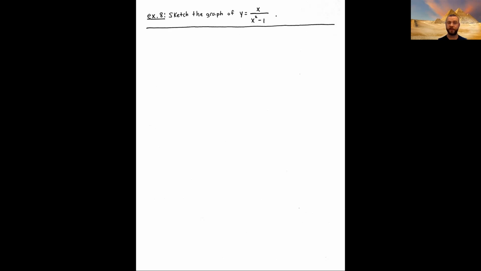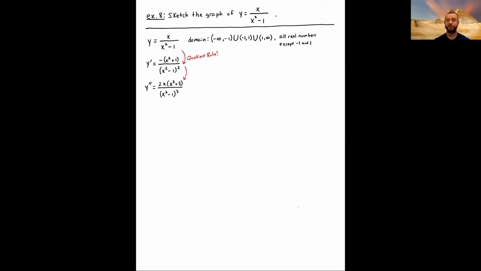All right, let's go through this second example on curve sketching. So first thing to mention, this function's domain is not all real numbers. You're going to want to look for where the denominator becomes 0. If you set the denominator x squared minus 1 equal to 0, that gives two solutions, -1 and +1 for x.